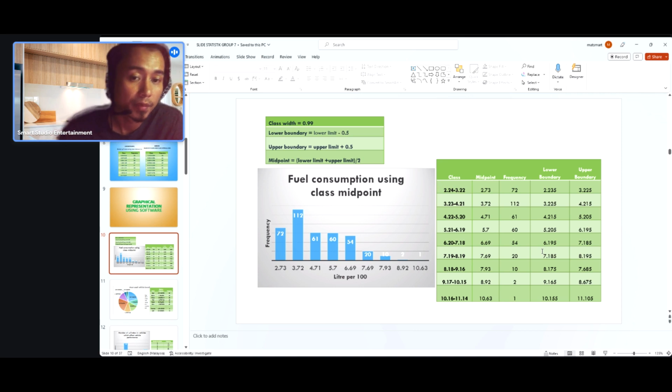There's a bar chart of fuel consumption using the class midpoint, and another table with the class midpoint, frequency, lower boundaries, and upper boundaries.